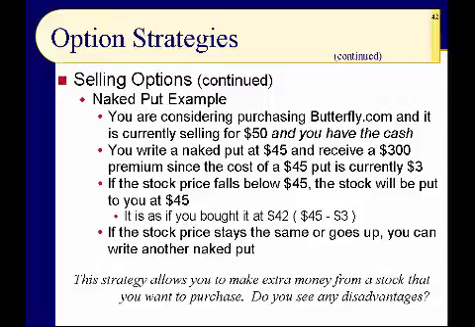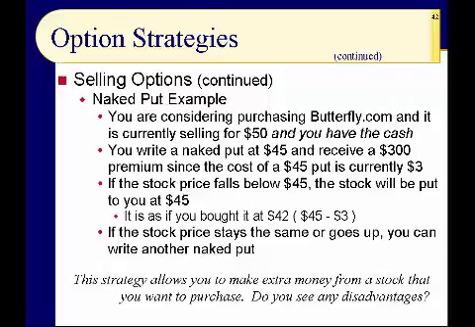If the stock price falls below $45, the stock will be put to you at $45. It is as if you bought it at $42. Did I say it'd be $5? No, actually, because that would be out of the money. I'm getting confused here. I apologize.